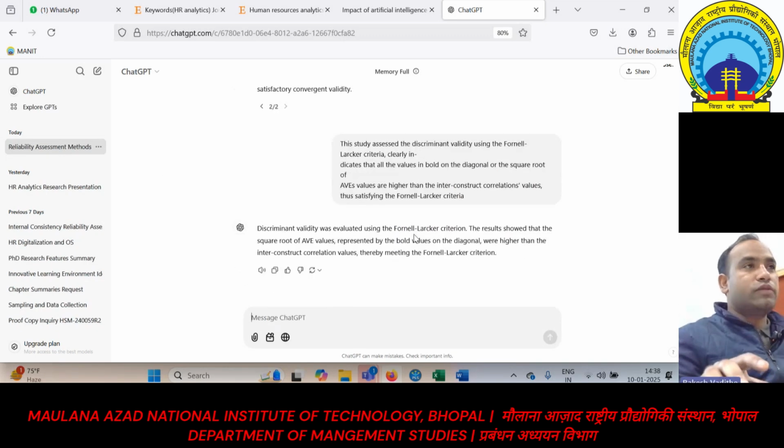Here you can observe the discriminant validity was evaluated using the Fornell-Larcker criteria. The result shows that the square roots of AVE values, represented by the bold values in the diagonal, are higher than the inter-construct correlation values, thus meeting the Fornell-Larcker criteria.